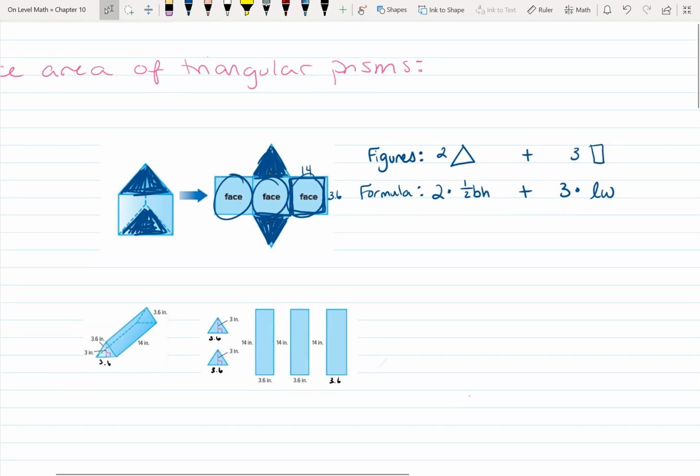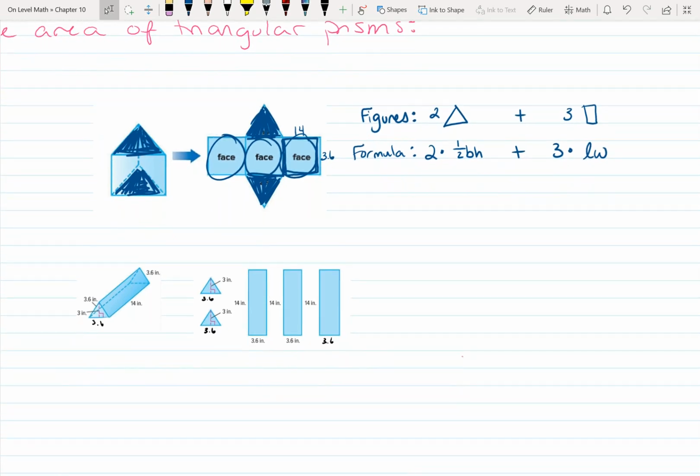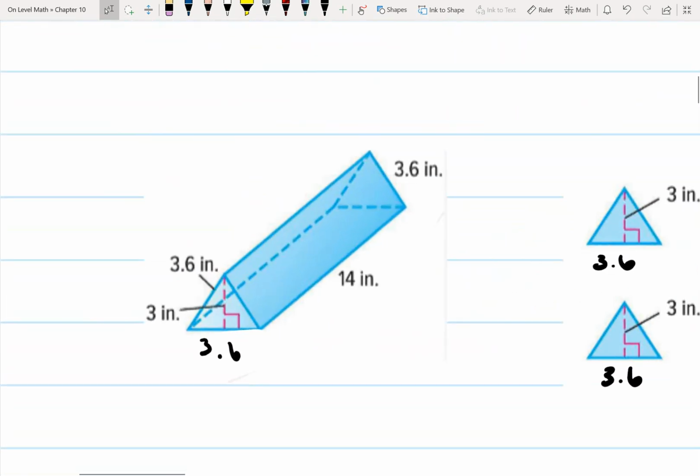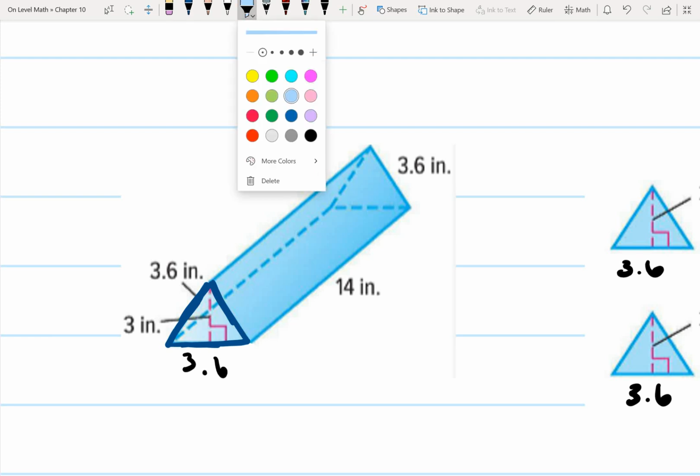Now, let me show you why it works to do 3 times that rectangle. If you look down here, I'm going to zoom in for just a second, at this triangular prism. We have a triangle here, right? That's our base. But look at the sides of that triangle. Let me get my highlighter out.